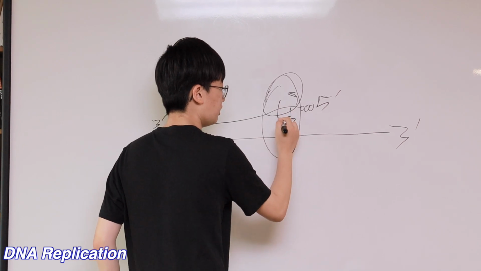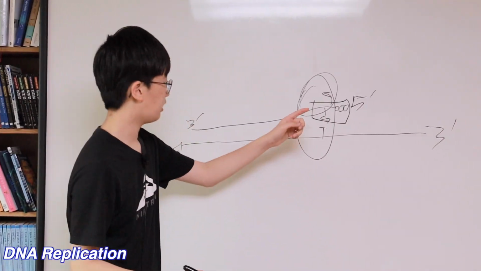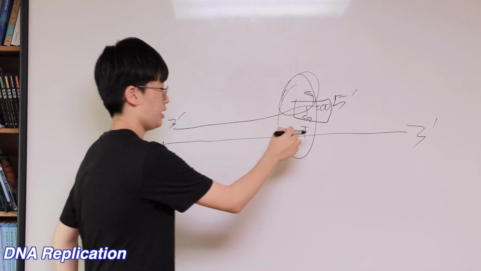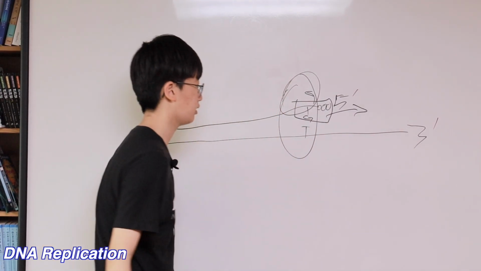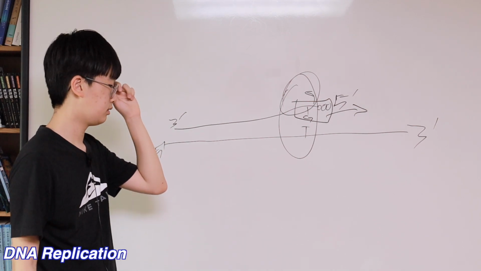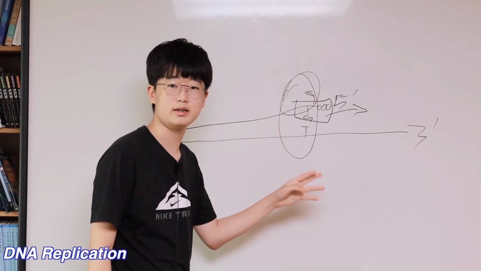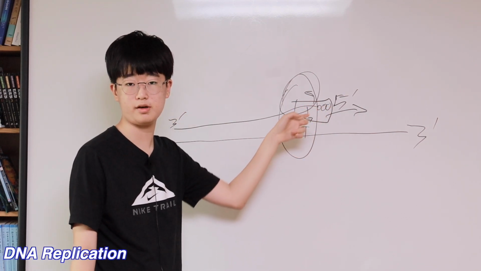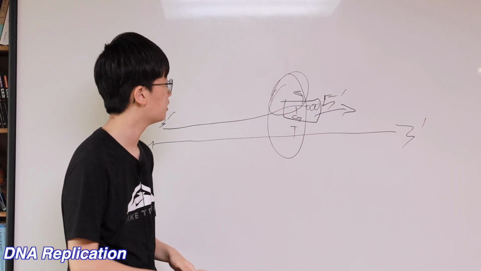So the NTP of guanine is cut off, and the energy of cutting it off is derived from the 2 phosphates on the NTP.